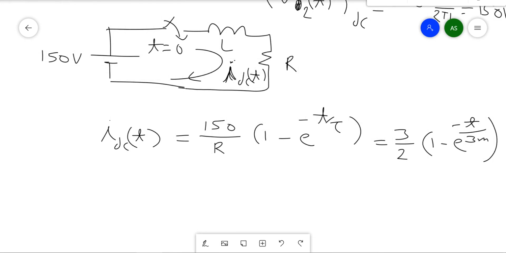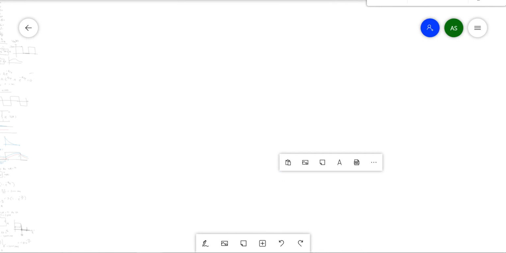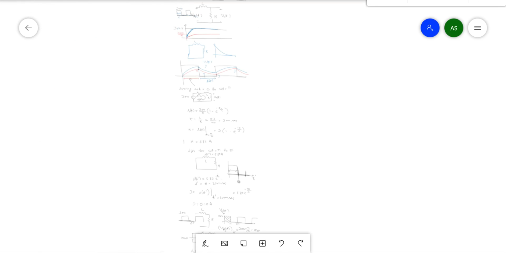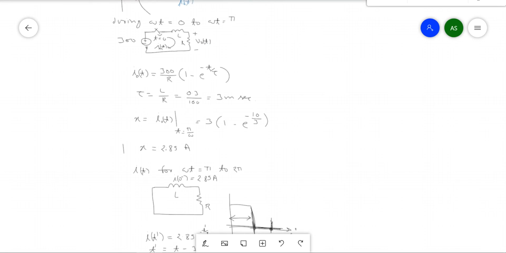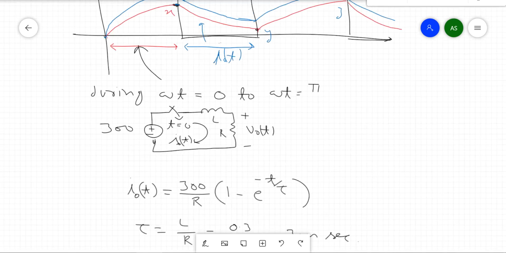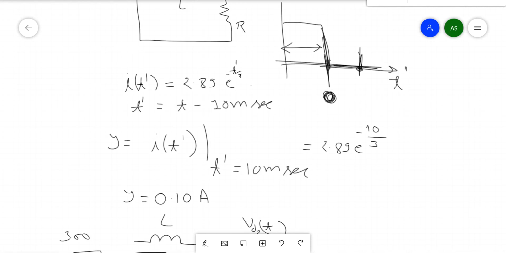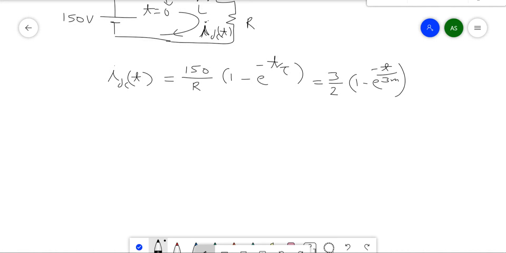Okay, so this is the DC component, and we can also plot this DC component also.